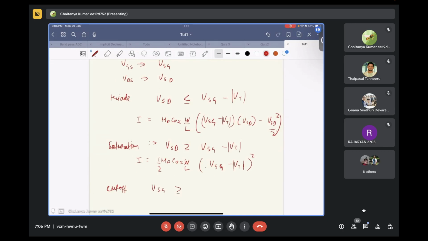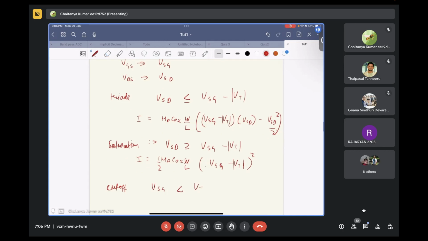and for cutoff, VSG is less than modulus of Vt, and your I is equal to 0. Nothing you have to do. All you have to do is remember the NMOS equation, and whenever you encounter PMOS, replace VDS by VSD, VGS by VSG, and Vt by modulus of Vt in the NMOS equation that you remembered, and you will get the equations for PMOS.